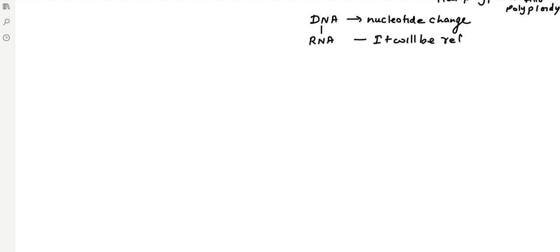Now see, before going to gene mutation, we need to understand one thing, that we have something called DNA, and from DNA, what will happen? The RNA will form. So if there is any change in nucleotide here, that will be reflected here. So we are not gonna write the sequence of the DNA. We are gonna just write the sequence of your RNA.